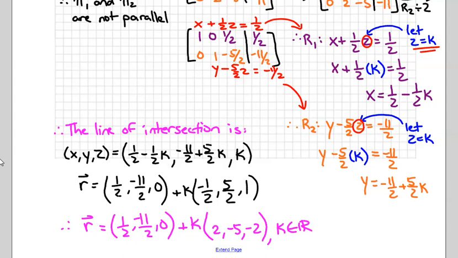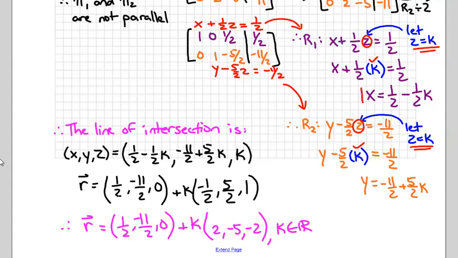Let z be anything. You can say k, you can say t, whatever you want. We're going to sub it in right here, and get x by itself. We're going to do the same thing, sub k in for z over here, and then you'll get what y equals in terms of k.